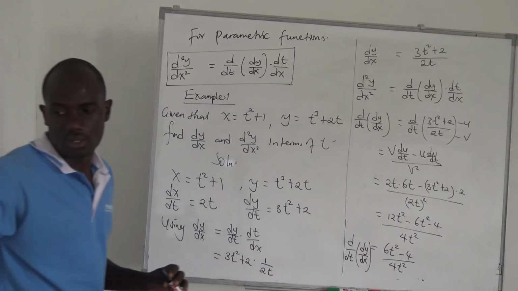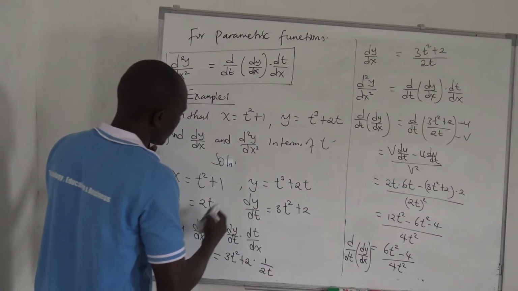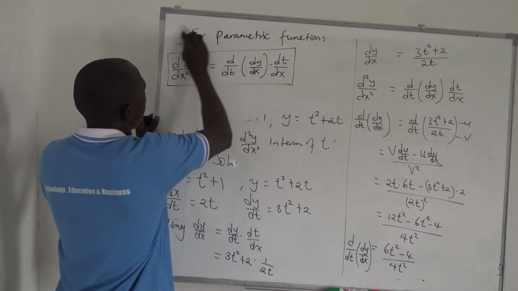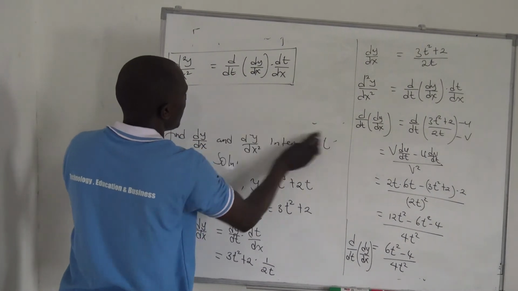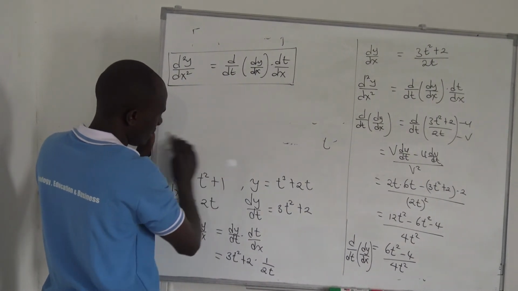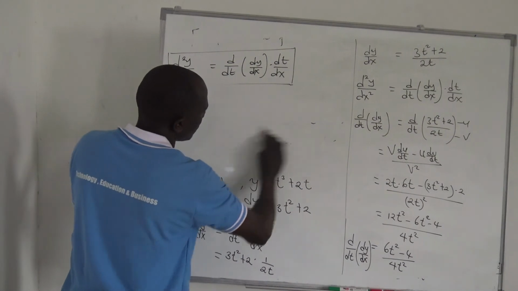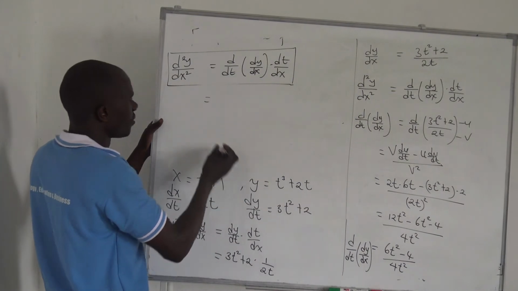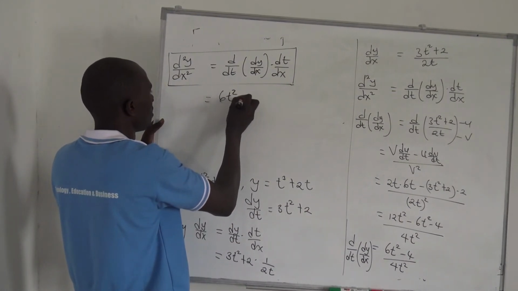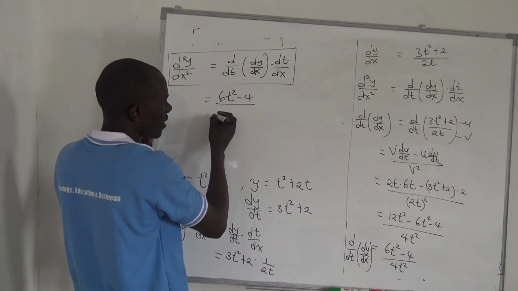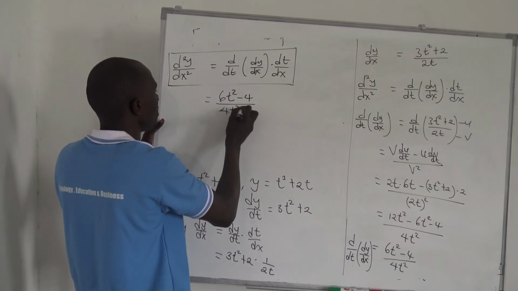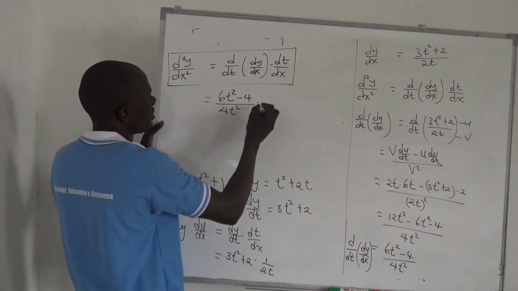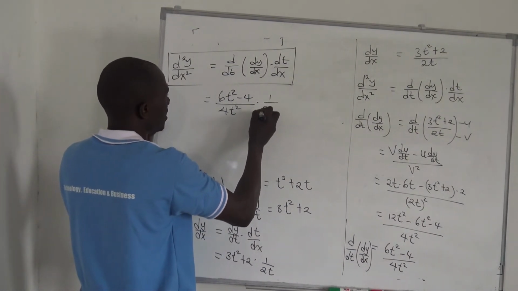Now, our interest is to get d2y dx squared. So, what is our d dt of dy dx? We have already got 6t squared minus 4 all over 4t squared times dt dx. We just take the reciprocal. It becomes 1 over 2t.